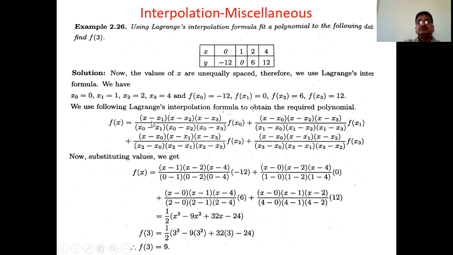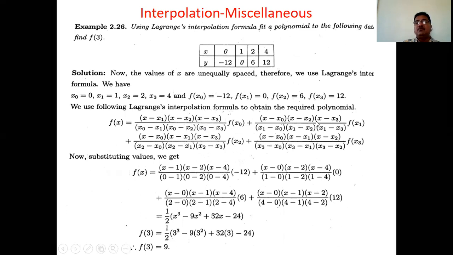Fx is equal to, here the values of x are 4 in number, 1, 2, 3, 4. And the values of y are also 4 in number. And therefore we have 4 terms.